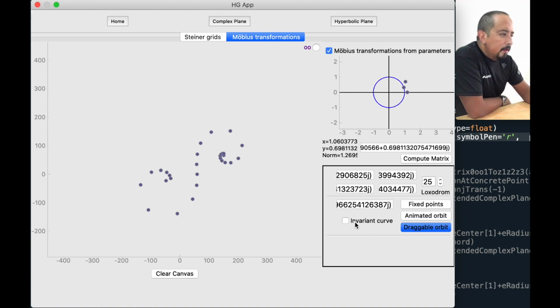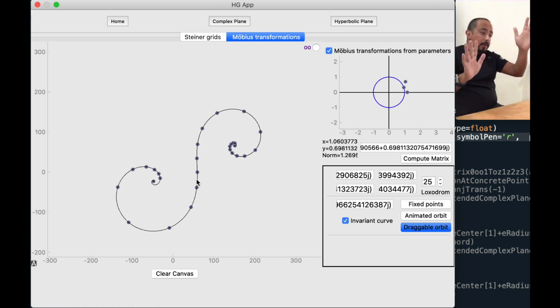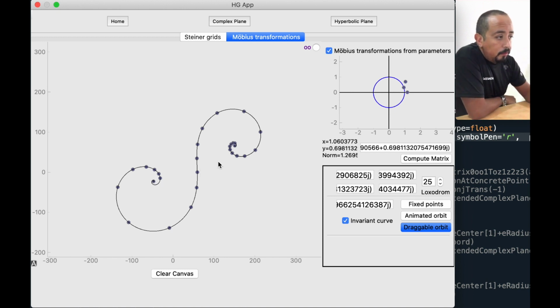And then let's say now an invariant curve. Well, there you go. And this would be a loxodrome between the 2 fixed points, right? Which, how do I define it? As I said in another video, I take the loxodromes for 0 and infinity, and then map them through a Möbius transformation, and that's what I now call a loxodrome for these 2 fixed points with respect to this alpha, right?